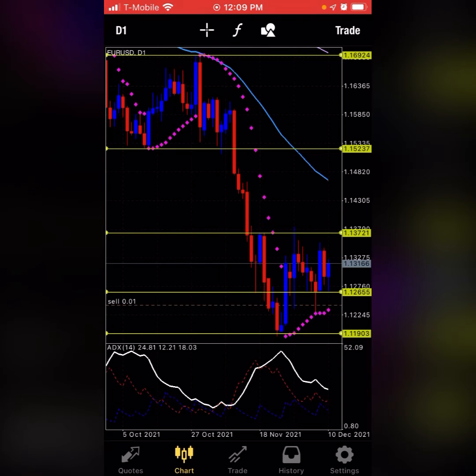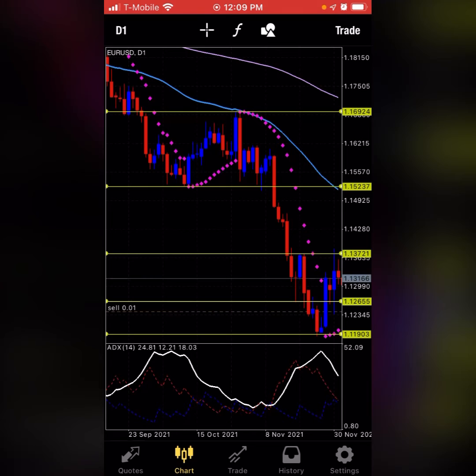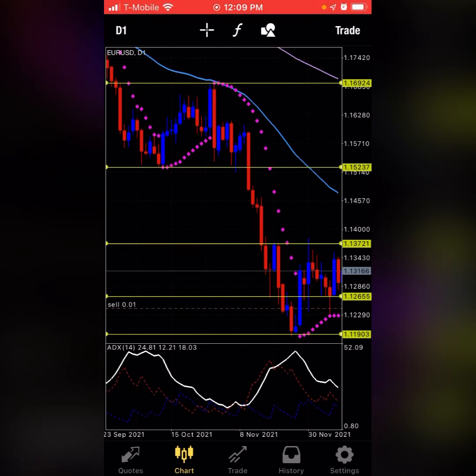But let's go ahead and get into it, because I want to make this very short. So anyway, if you see here, these lines represent support and resistance. It helps you to know where the price of the pair went to. So clearly you can see my resistance line, the yellow line, the highest that I have on my resistance line is a price area of 1.16924, and you see it hit there.